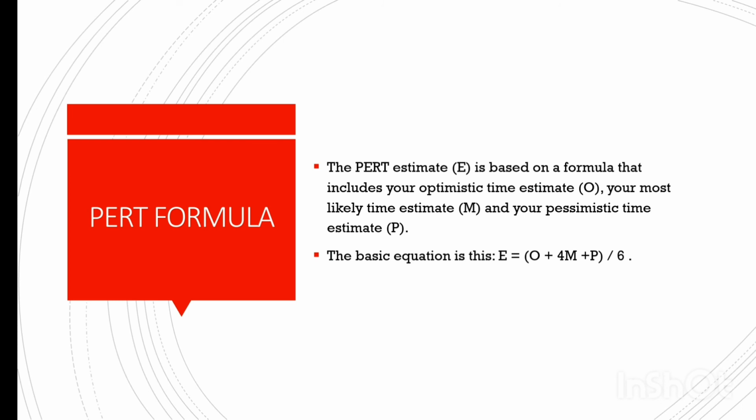Okay, 4M plus P divided by 6. So this is the formula to calculate the PERT. I think it's clear to you. Yes.